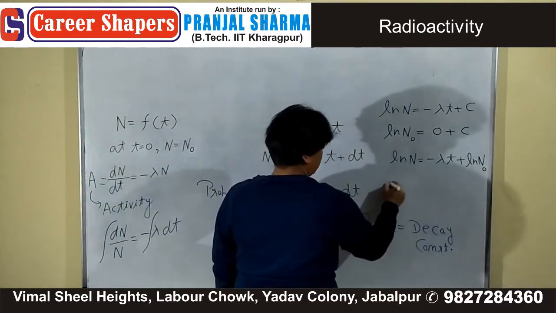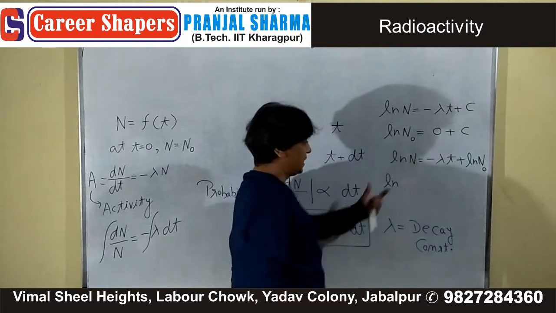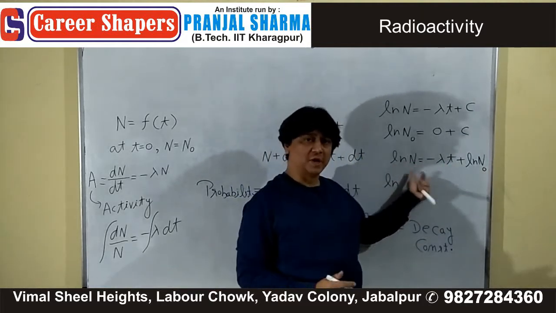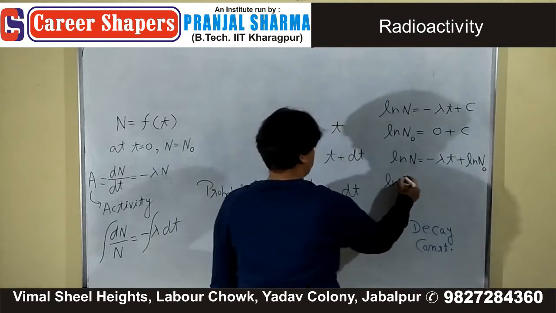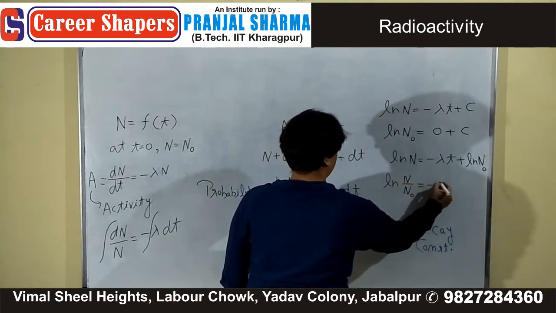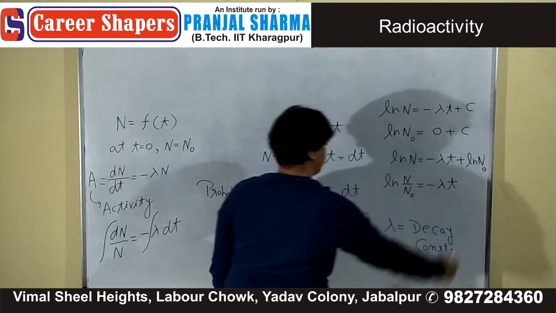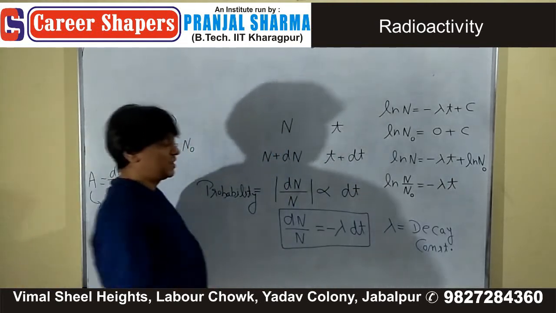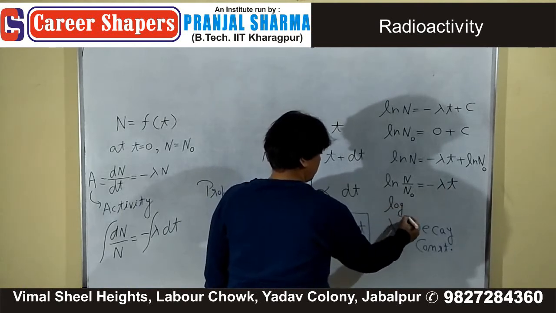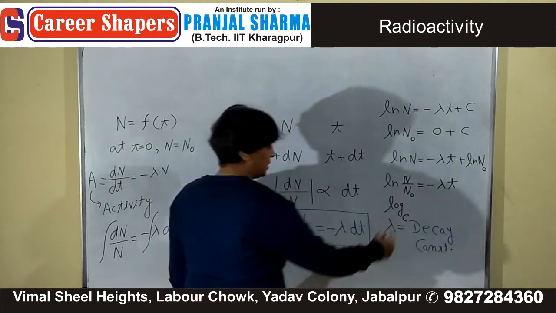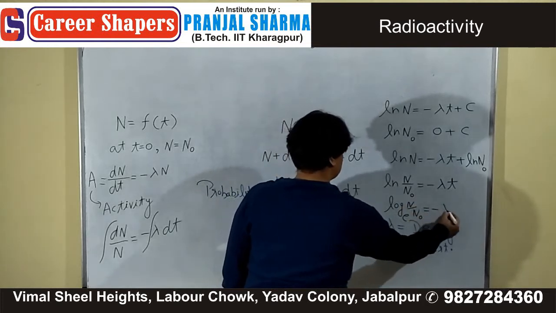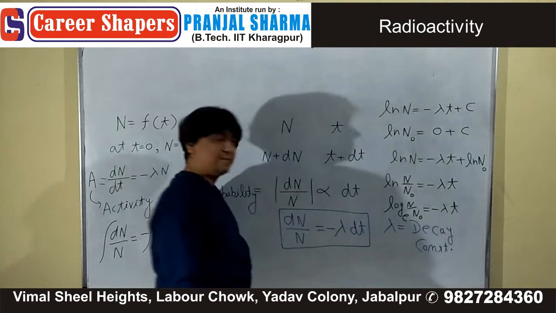Now, ln a minus ln b is ln a upon b, so it becomes ln of N divided by N naught equals minus lambda t. What is ln? ln means log with base e. So N upon N naught is coming as minus lambda t.